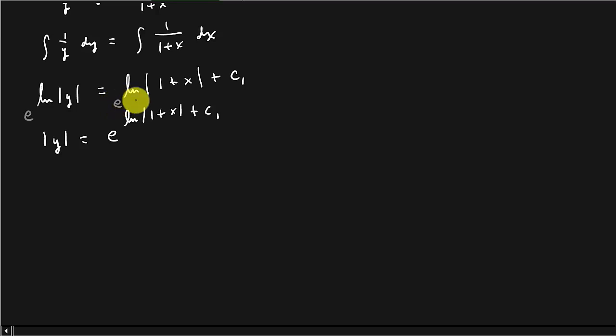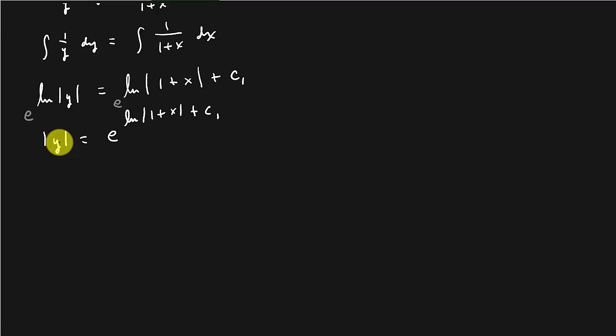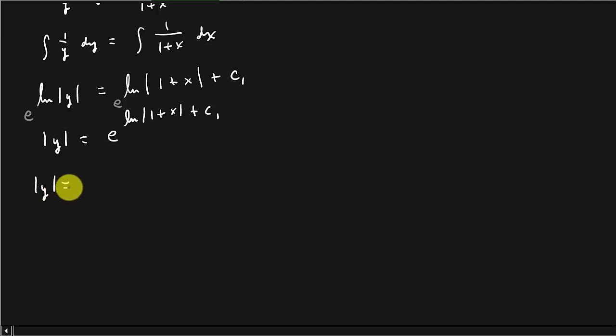So I got e raised to all of this, and e raised to the natural log of y is just your absolute value of y. And so now we've got the absolute value of y is equal to e to the natural log 1 plus x times e to the c1.